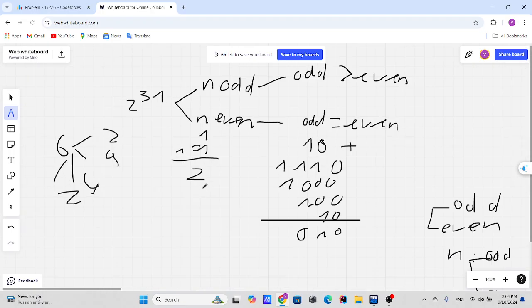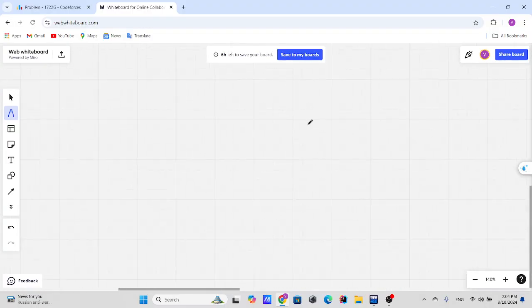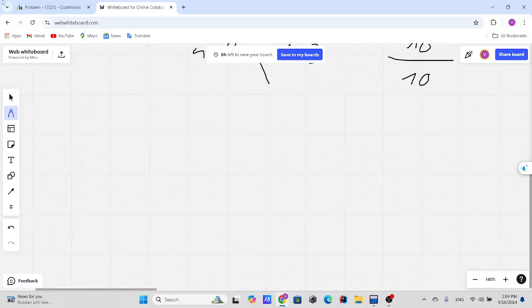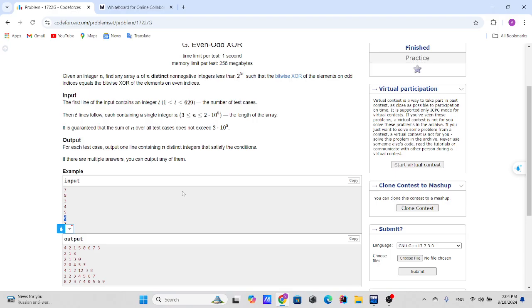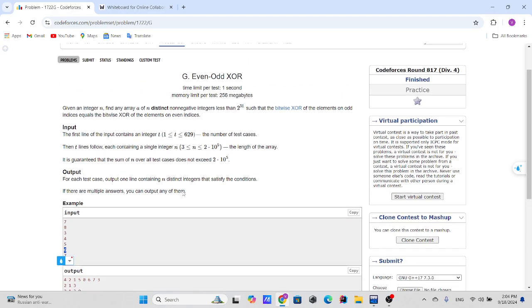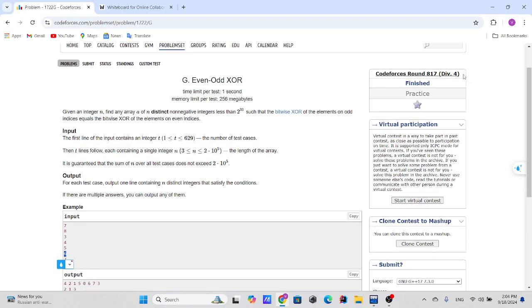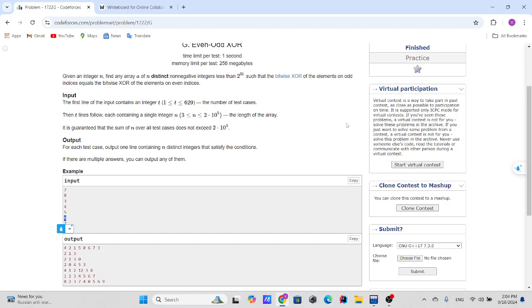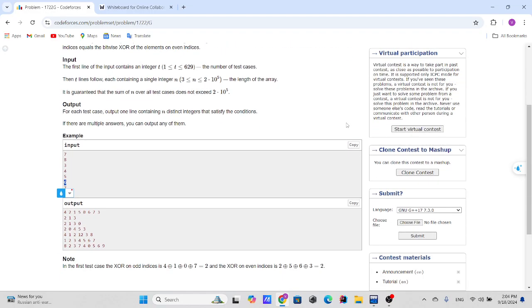Nah, that shouldn't work. Let me think about this one real quick. A GCD of division 4 is pretty hard, right? So let's take some time and try to brainstorm this idea.